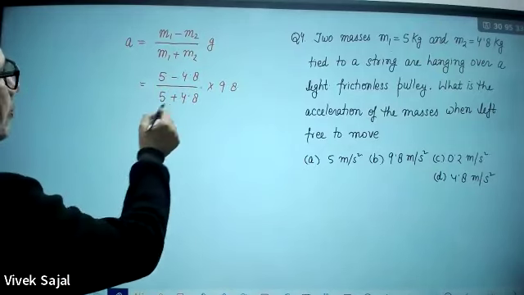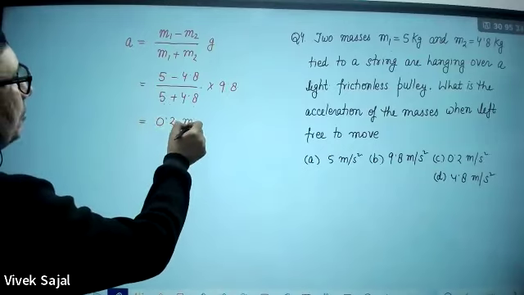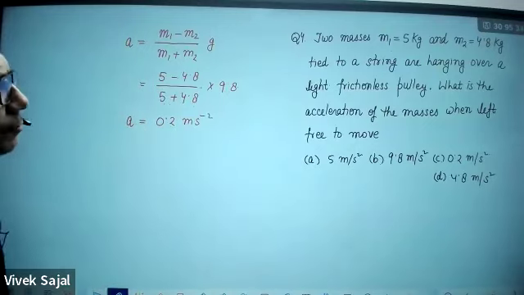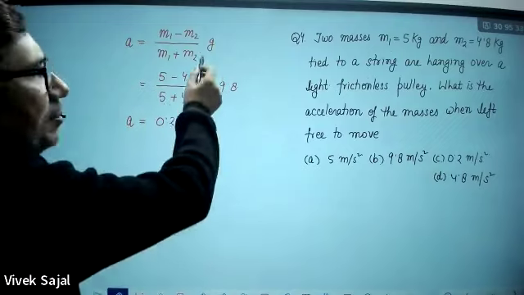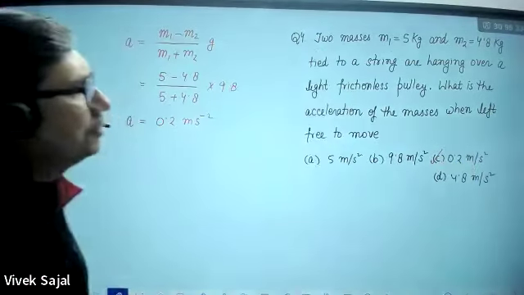So this will cancel out by this and your answer will be 0.2 meter per second square. This will be the acceleration. You have to remember this formula.